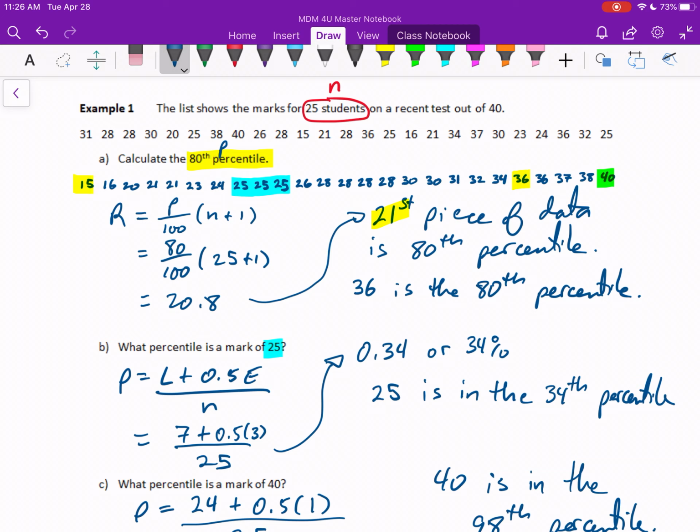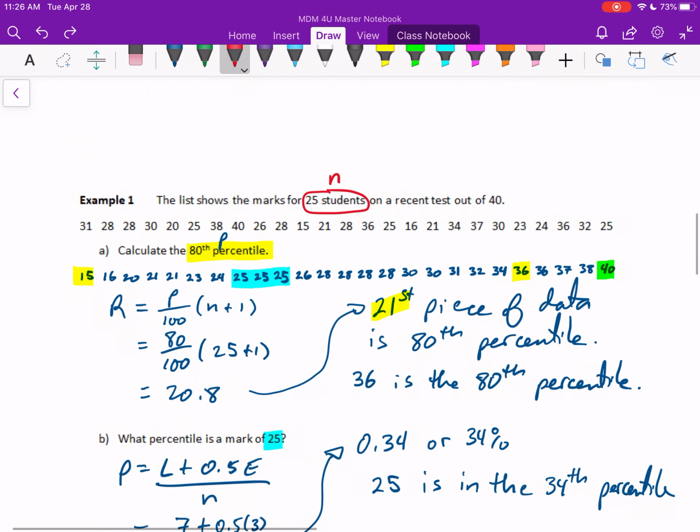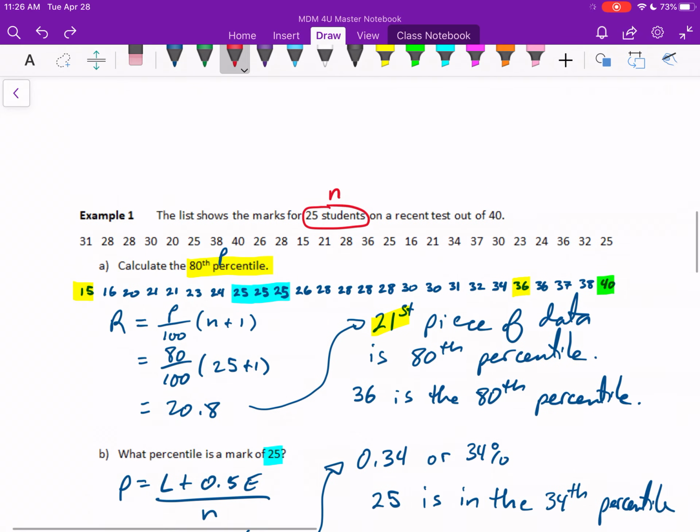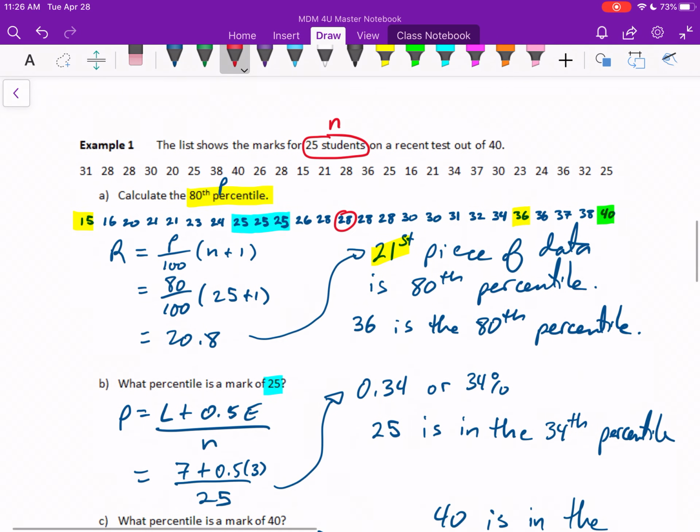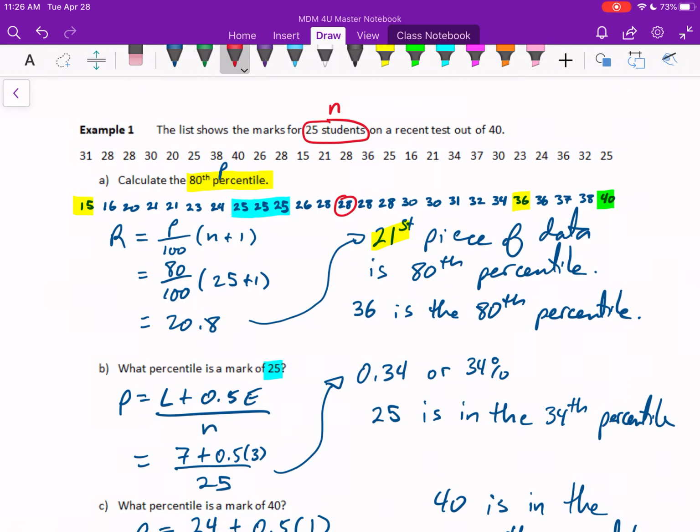I believe, I just lost my spot there. I believe it's this 28 here. It's definitely 28. 2, 4, 6, 8, 10, 12. No, it's the one slightly over. No, I had it right the first time. My bad. Anyway, it's that middle piece of data.